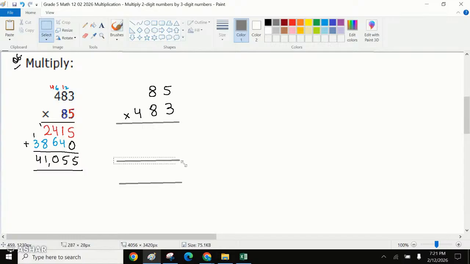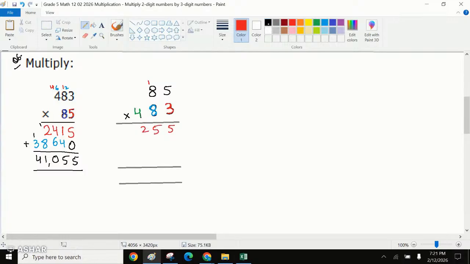But there's a difference to this question. We now have units, tens, and hundreds at the lower row. Let's see how this can be done. When 3 is multiplied by 5, it becomes 15. 1 is carried. 3 multiplied by 8 is 24, plus 1 is 25.